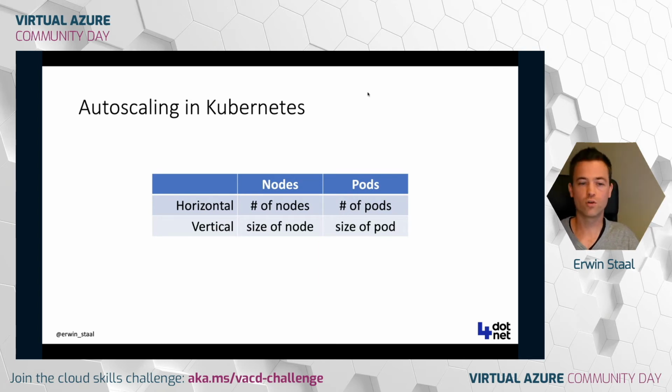So in terms of horizontal, we can simply add or remove nodes or pods to get more compute resources if we need it. And in terms of vertical scaling, we could resize the nodes, add more CPUs, more memory, etc., to the existing nodes we have in our cluster. And since we can also limit the amount of resources a pod is allowed to use, we could also play with that to give it more or fewer resources as it needs.